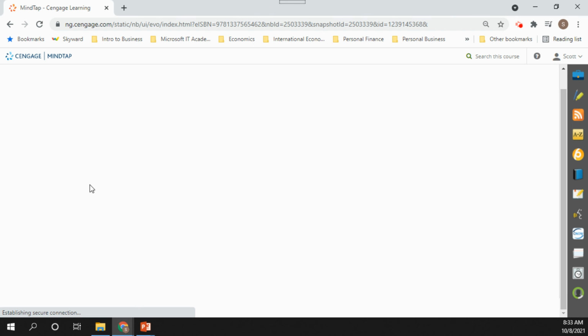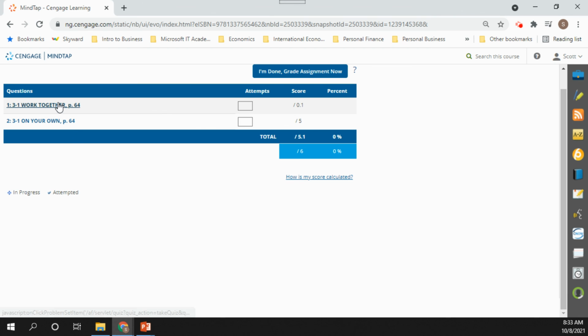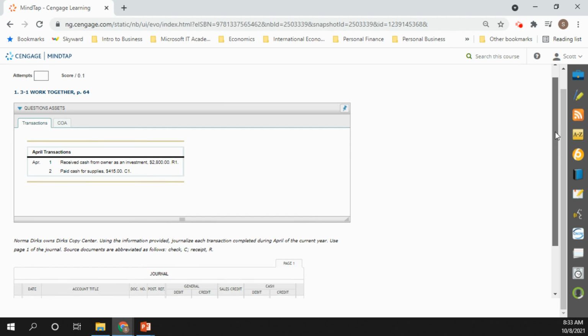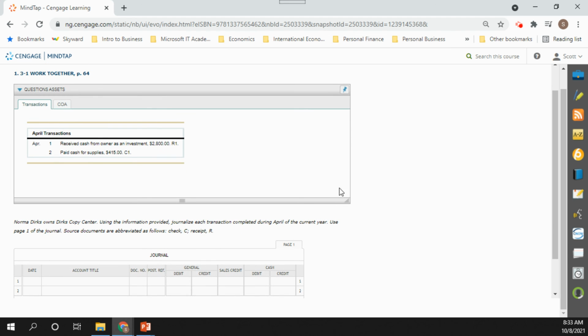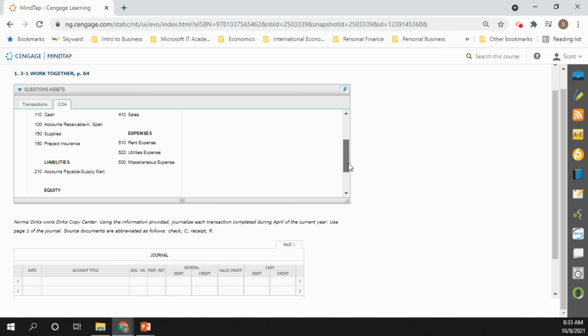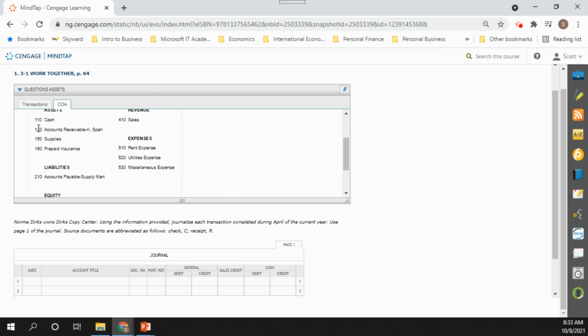Working papers, and I'm going to do the work together. All right. We have a multi-column journal here. And here's our transactions. And here is our chart of accounts. By the way, can we highlight here? No, we can't. Sorry.